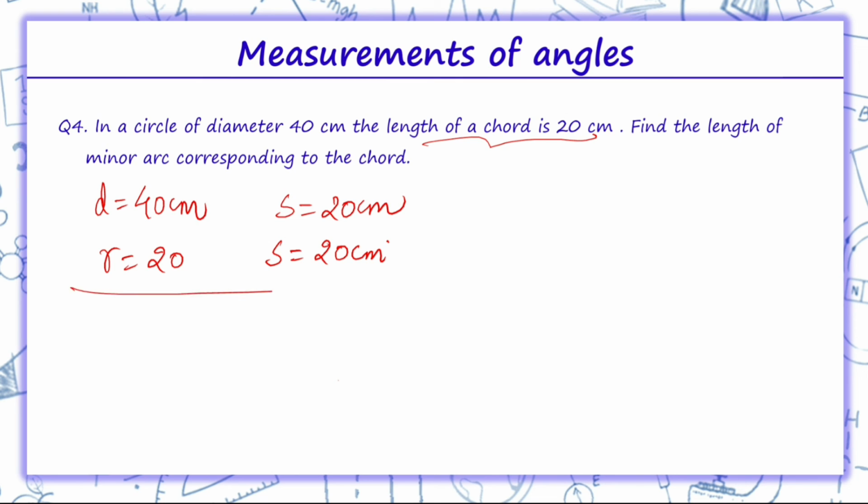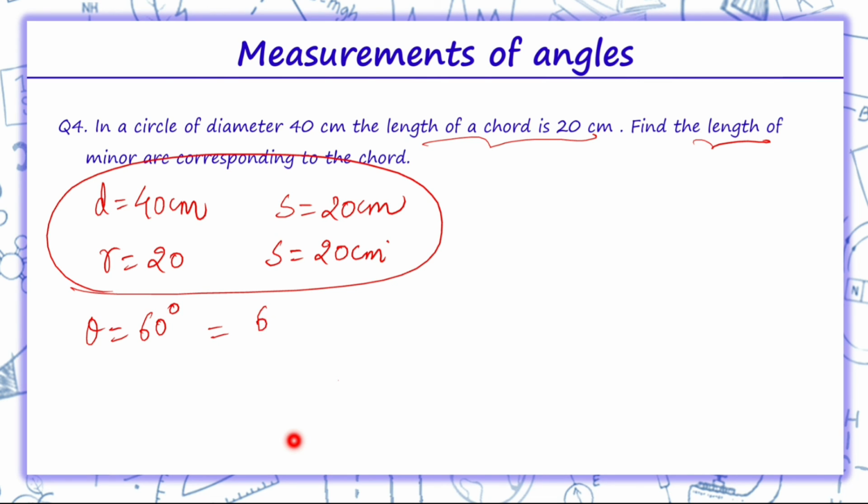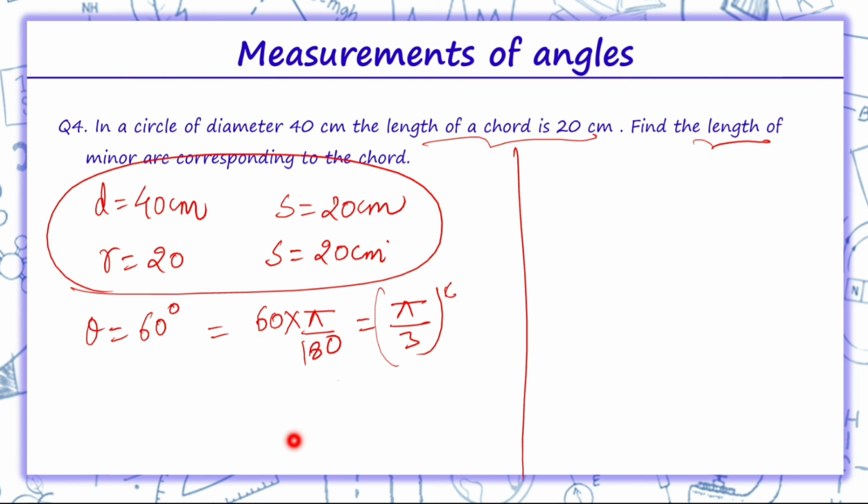So as we know, because it has formed an equilateral triangle, the measure of the angle will be 60 degree. Now we have to calculate the length of the minor arc. We convert this 60 degree into radians, multiplying by pi by 180, thus it will be pi by 3 radian. Now S is equal to theta into R. Theta is pi by 3, radius of the circle is 20. Thus length of the arc will be 20 pi by 3 centimeter.